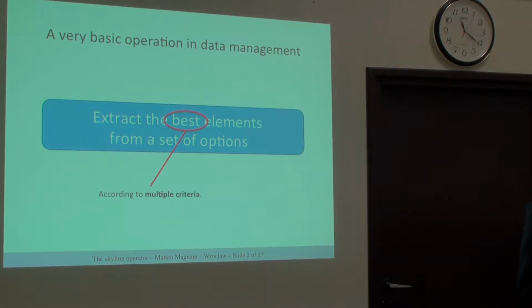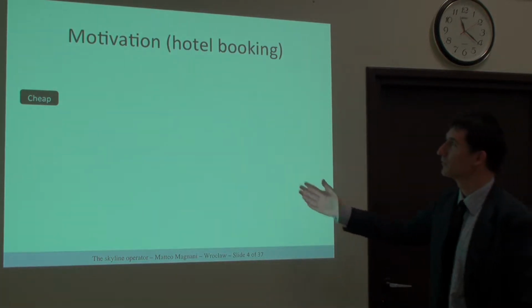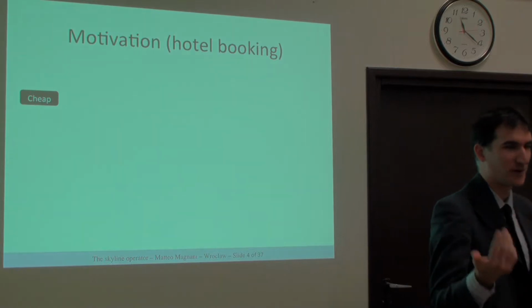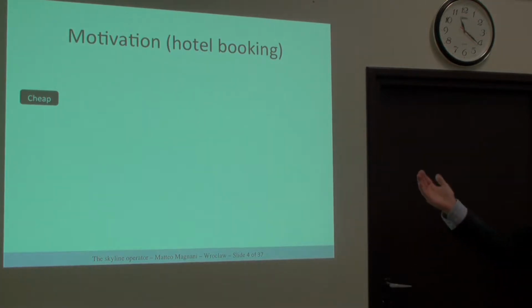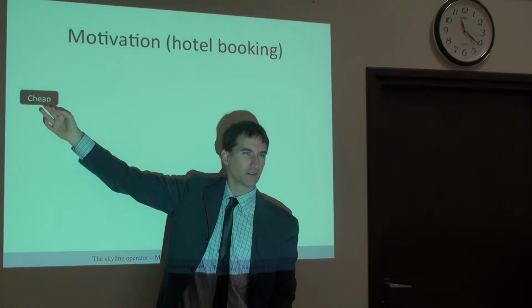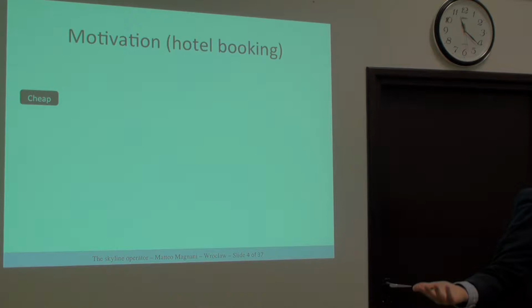So let me start with a simple example concerning something that we do all the time, booking hotels. So this is a very basic operator, no? Everyone, at the time we travel, if we are not important and we don't have a secretary doing that for us, we need to go on booking.com. What I usually do, I use a single criterion, that is how cheap the hotel is. And in this case, the task is very simple.